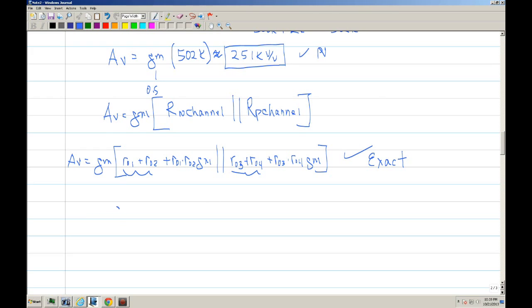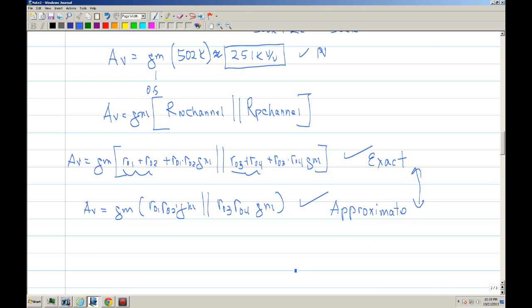You can also write an approximation and say it's GM R sub 1, R sub 2, GM, in parallel with R sub 3, R sub 4, and GM. Okay, so this is an approximate. Well, this is the exact.